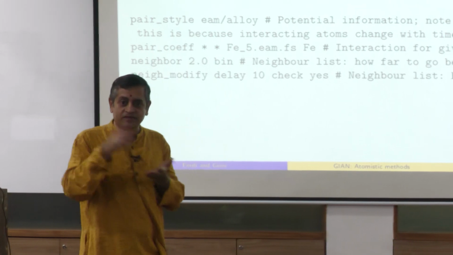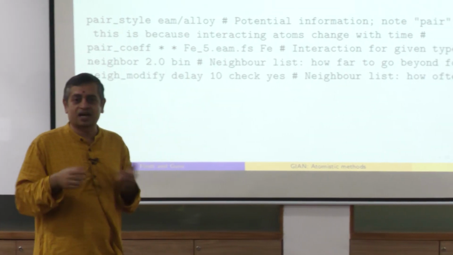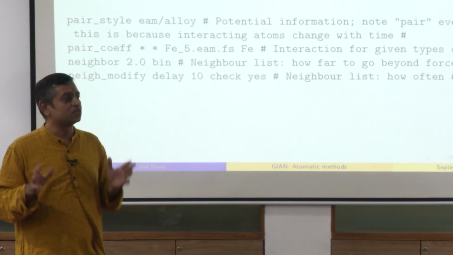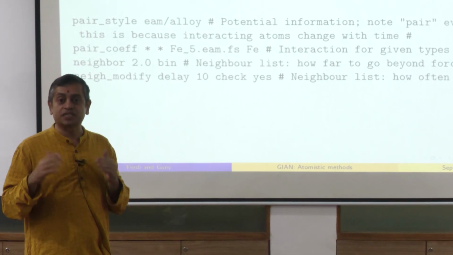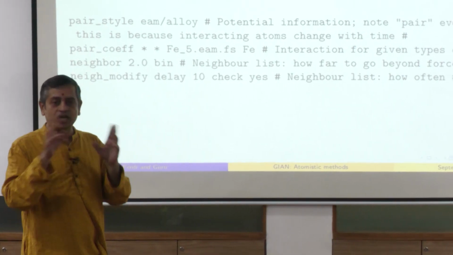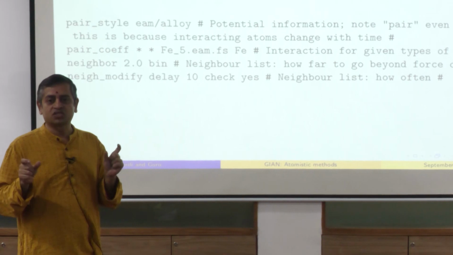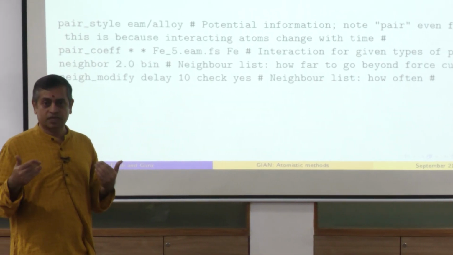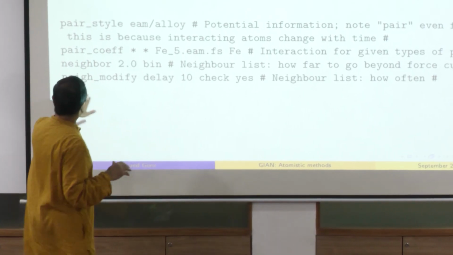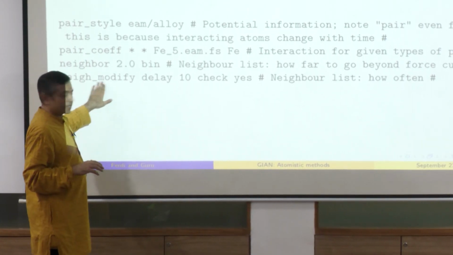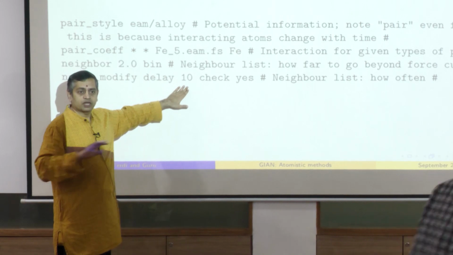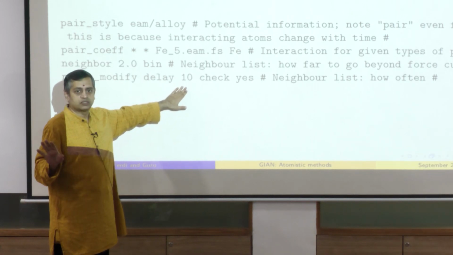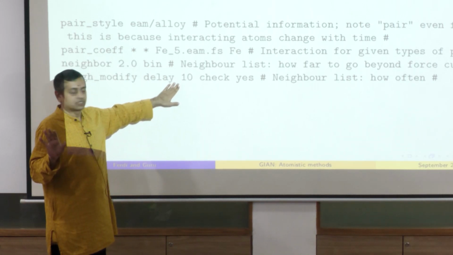You have to look at every atom, find out how far they are from each other, and so on. So we want to avoid this as much as possible. If it is on a lattice and things are not moving much, you do not have to update your neighbor list at all. Because of this you say neighbor modify delay 10, which means before 10 steps it will certainly not rebuild the neighbor list.